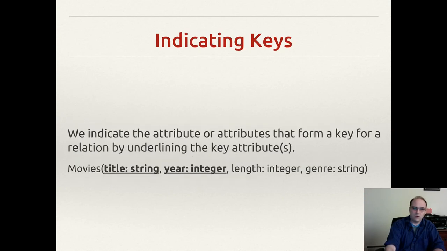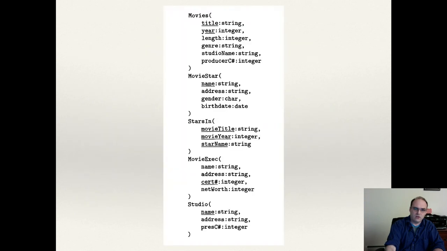So we're going to go back to here for a second because I want to point this out. The stars in, right? The stars in here has movie title, movie year. Now, we just discussed that those two things in combination are the primary key of movies, which, by the way, is why they're underlined now that we've talked about that.